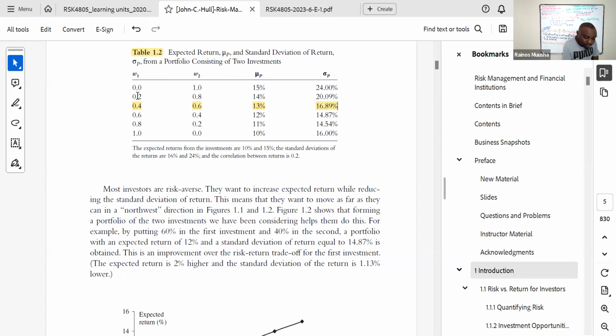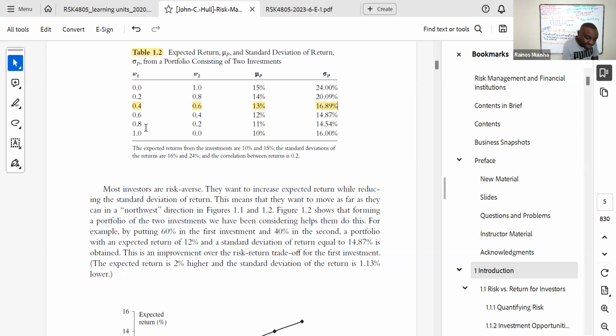If you choose to invest 20% in asset 1 and 80% in asset 2, the expected return of the portfolio will be 14%, and the standard deviation of that portfolio will be 20.09%. Then if you choose to invest 60% in asset 1 and 40% in asset 2, your expected return of the portfolio will be 12%, and the standard deviation will be 14.87.